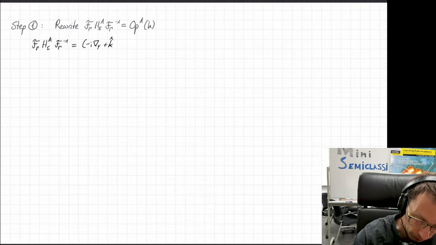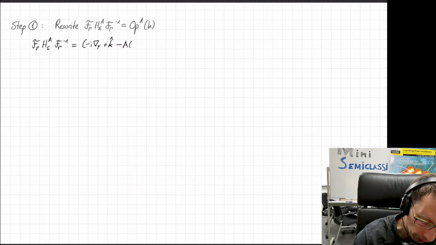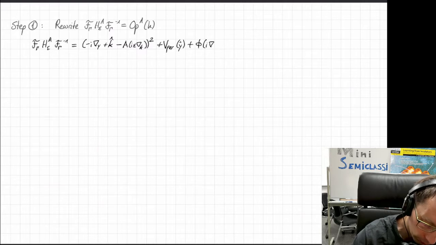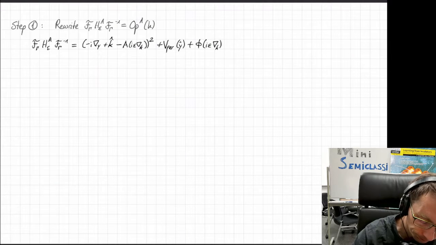So that's a multiplication operator in k, minus A of i epsilon gradient in k, squared, plus V periodic y hat, plus phi of i epsilon gradient k.